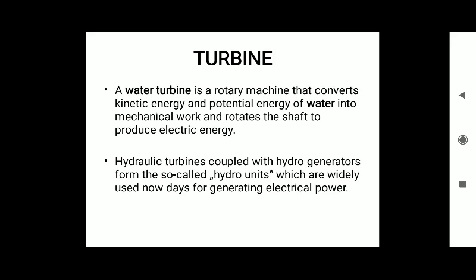That flow of water with a high speed and from a high height causes the rotor or runner to move. When the runner starts moving due to the force applied by the water, the rotation of the runner causes our shaft to move further. The rotation of the shaft then generates our mechanical energy, and further it is converted into electrical energy. I think I have explained sufficiently what a turbine is and how it works.